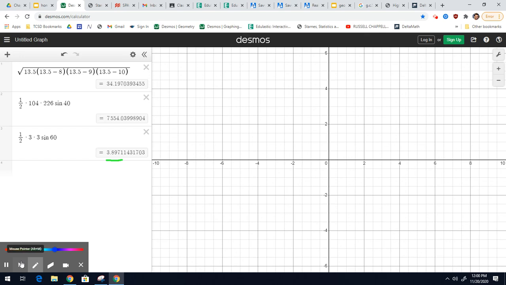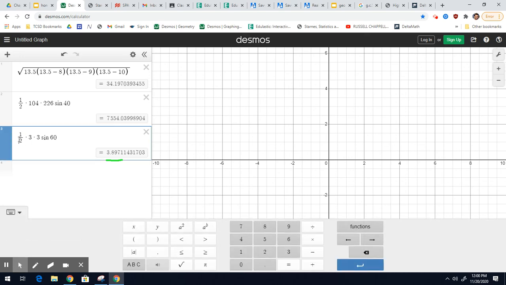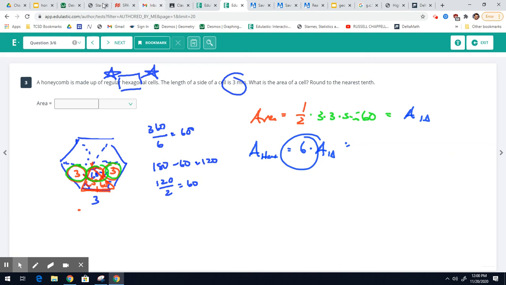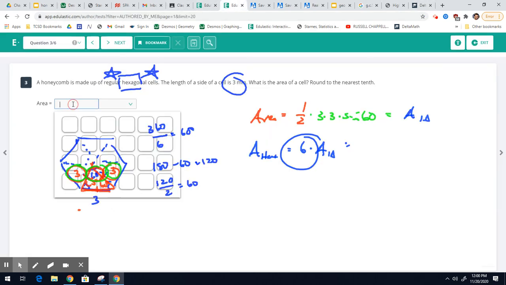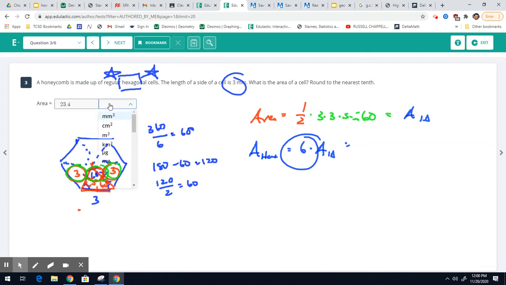So let's come back over here, and in front of the 1/2, let's just put a 6 times. And there we go. 23.38. I think it says round to the nearest tenth. It does. So 23.38, that 8 does make that 3 become a 4. 23.4. And that would be in millimeters squared.